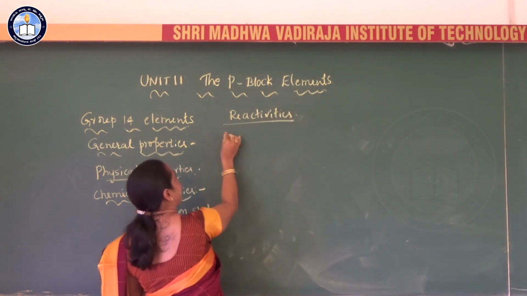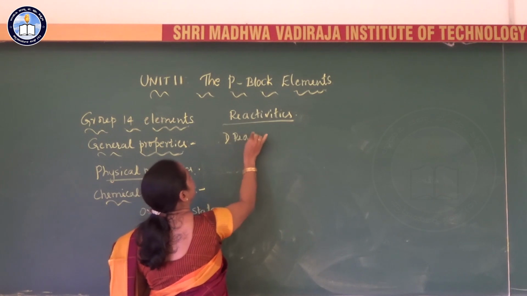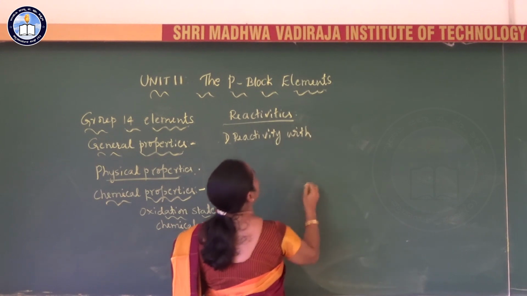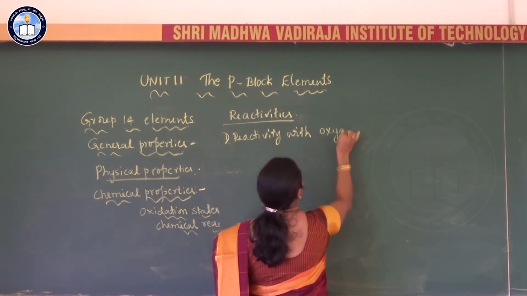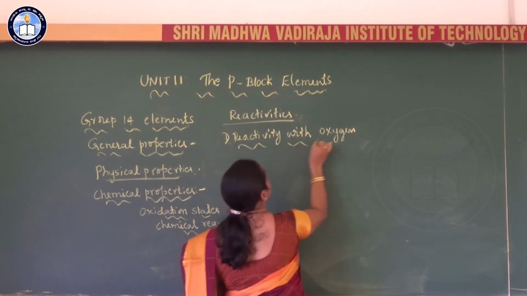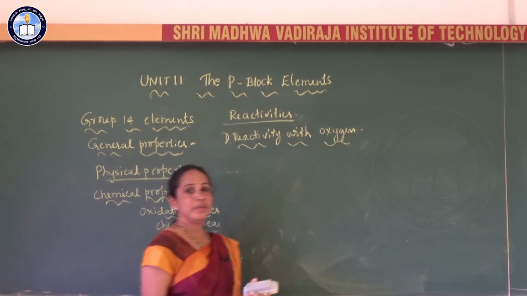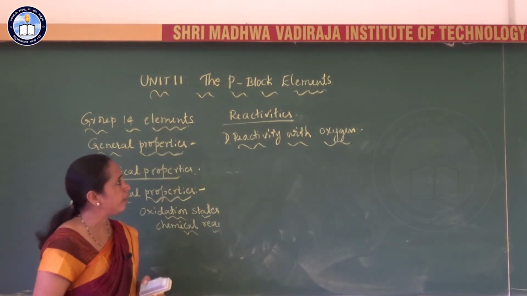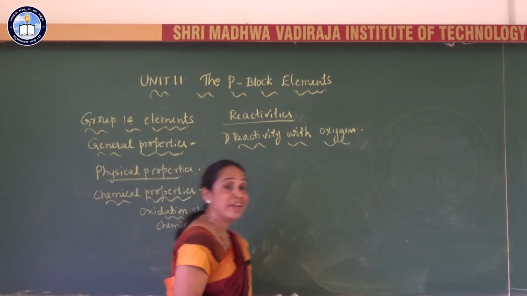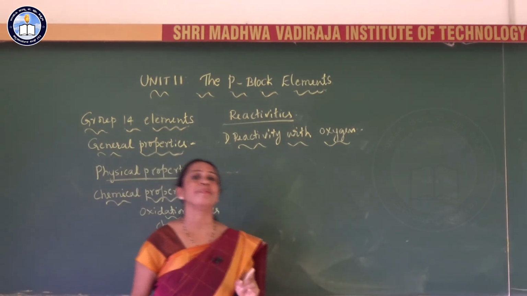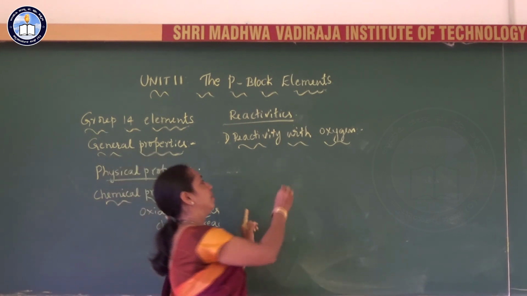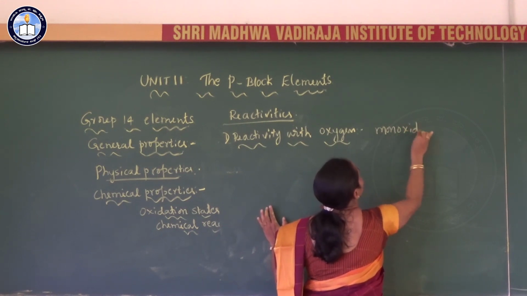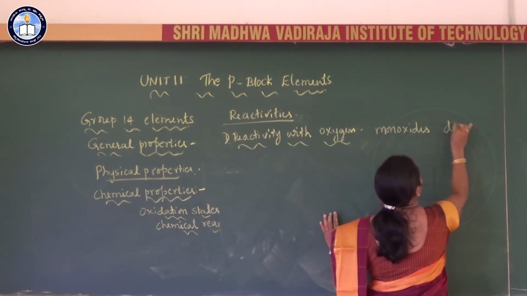The first reactivity is with oxygen. All 14th group elements, carbon to lead, react with oxygen and form two types of oxides known as monoxides and dioxides.